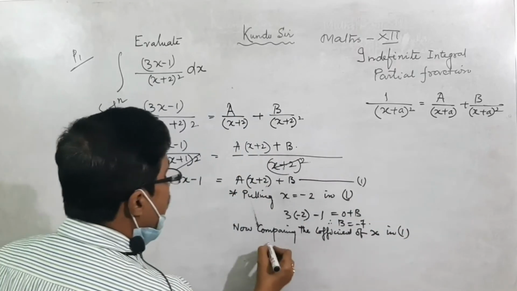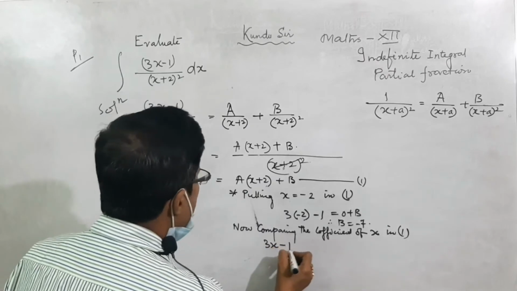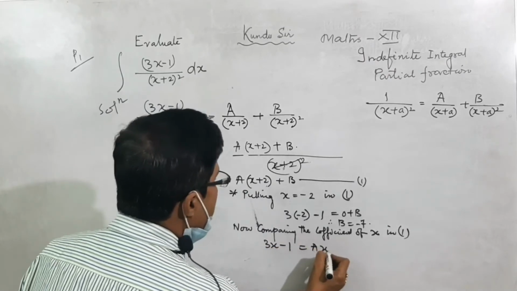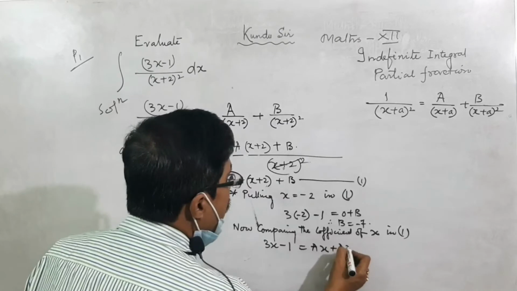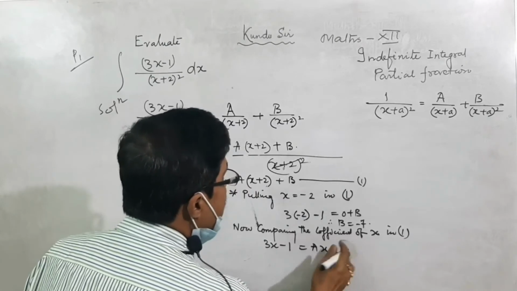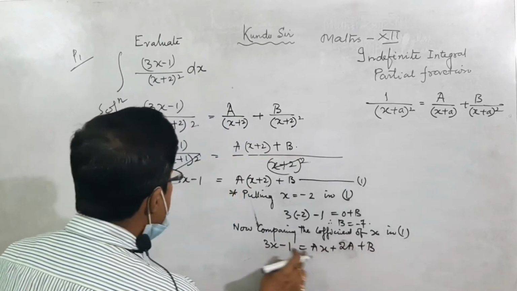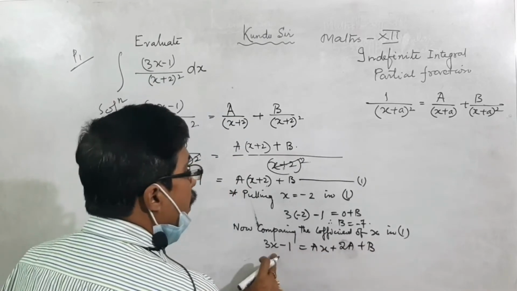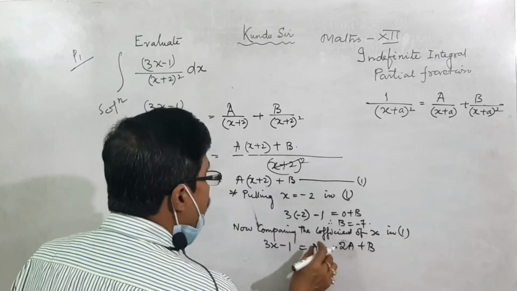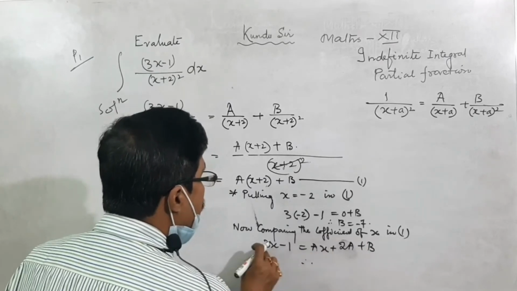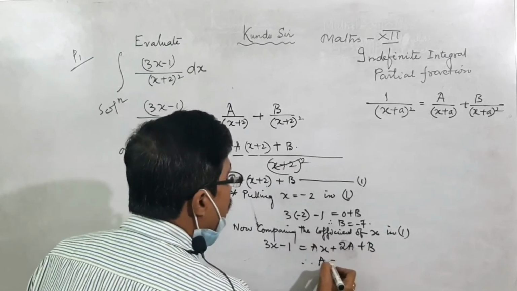What are we getting? 3x minus 1 equal to Ax plus 2A plus B. If we compare the coefficients, therefore A equal to 3.